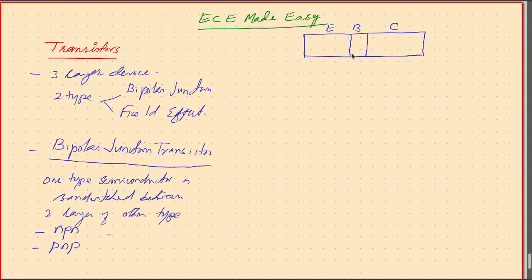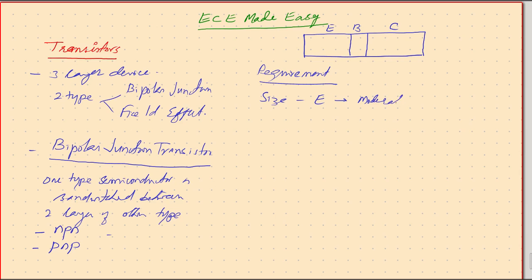So for doing this wonder, some basic requirements are there. Otherwise, this wonder cannot be accomplished. Number one is about the size. Emitter should be of moderate size. The collector should be of large size, and the base should be very, very small in size.